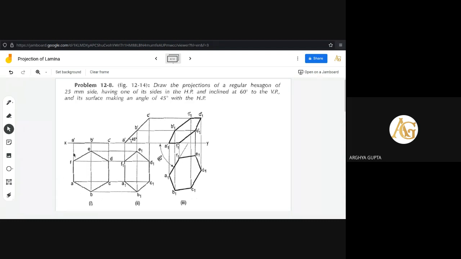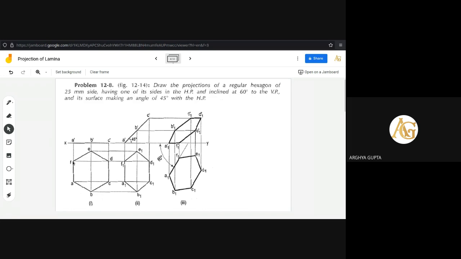Once you have drawn the hexagon, name it A, B, C, D, E and F. Now draw a vertical line, and up to that, draw a ground line first. Actually, the distance between the plane and the ground line has not been given. So just keep a small gap, and draw the horizontal line after drawing that hexagon.